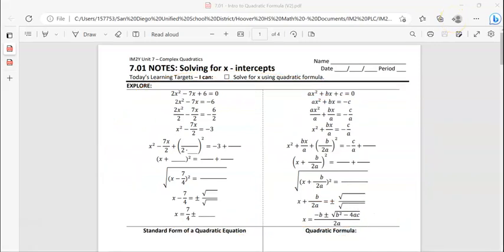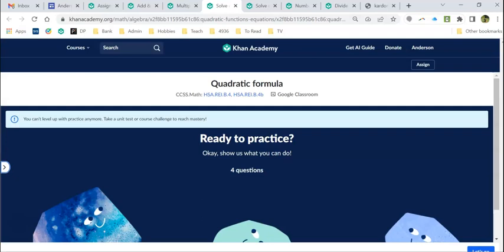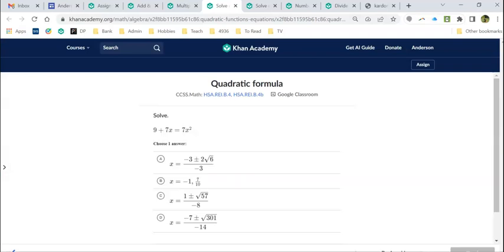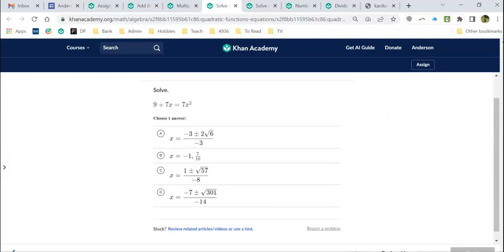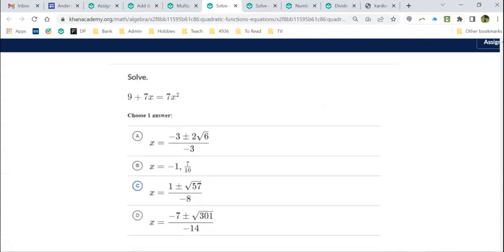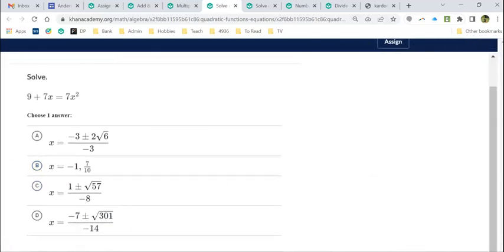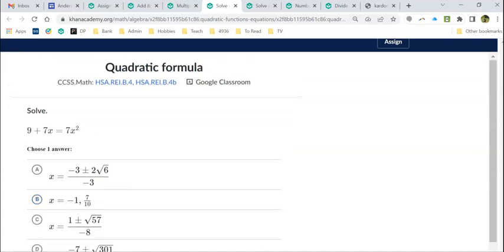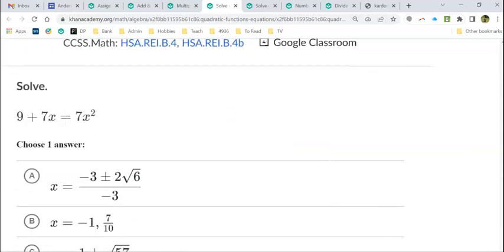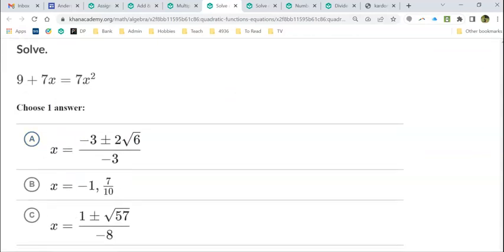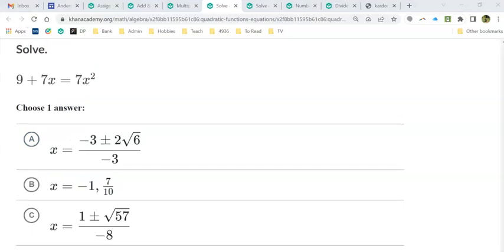So I'm going to go to the assignment and get started with it. The first thing you want to always do is have the quadratic formula next to you so you can look at it. I'm going to try and give myself some space here. Okay, that should be enough space. Let's see how this goes.